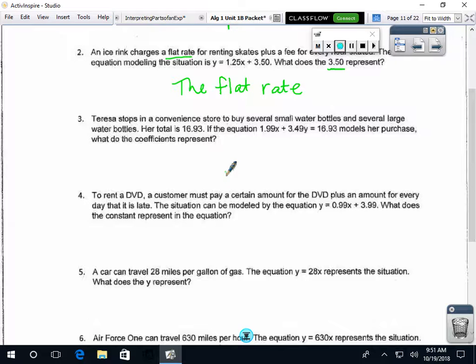Right, 199 is the coefficient of x, 349 is the coefficient of y, and what do you think those coefficients represent? Okay, and so $1.99 would be the cost of the small water bottles, and then $3.49 would be the cost of the large water bottles.